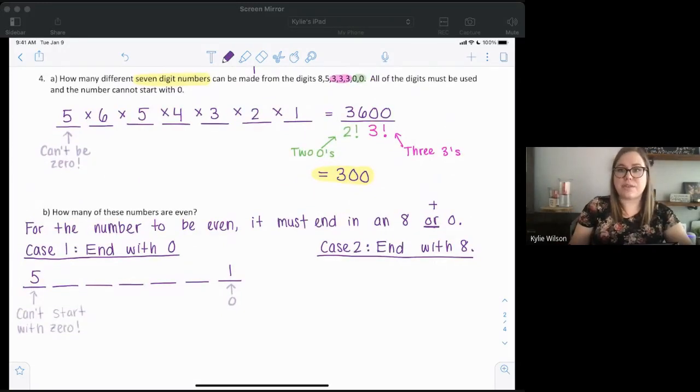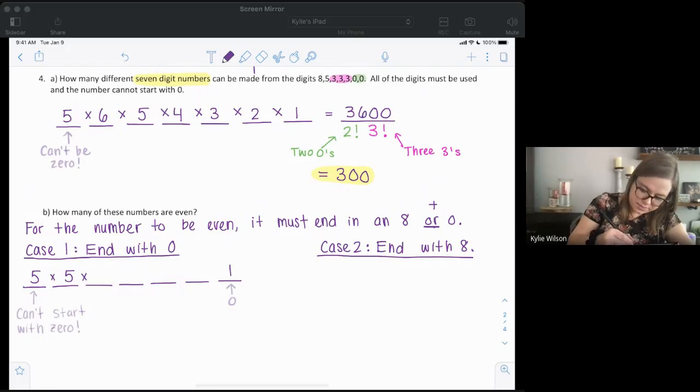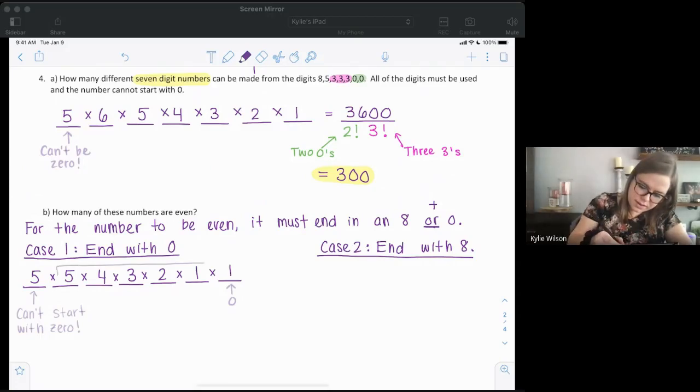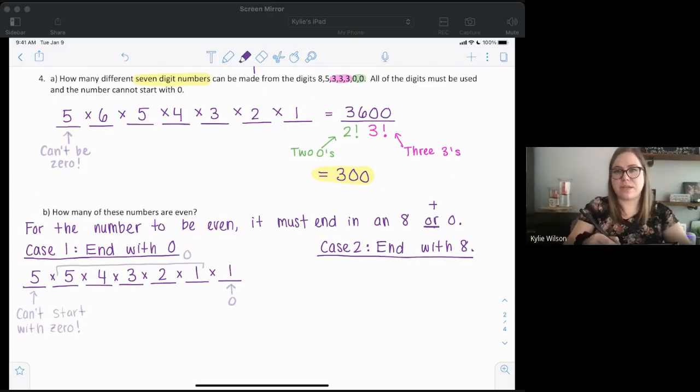Now for the other ones, because we've already assigned 2 of the numbers, we have 5 choices here, 4 choices here, 3, 2, and 1. So within this part here, we have one of our zeros somewhere in there because it can't be at the beginning. And then we have our other zero on the end.